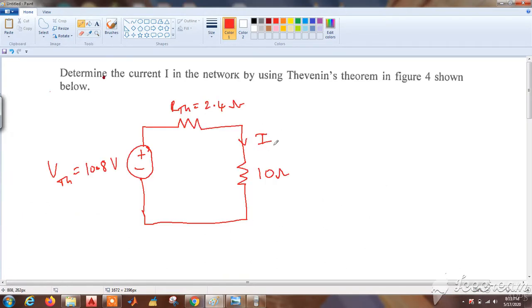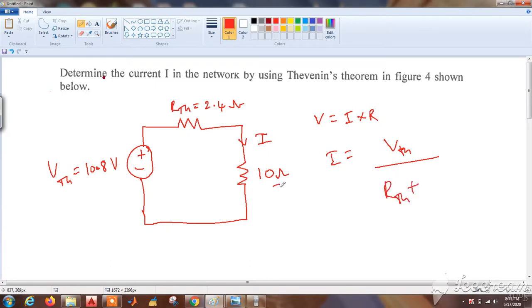So now we have got VTH and RTH and also our load resistor. Now let us calculate the value of current whichever is flowing. We know V is equal to IR by Ohm's law. Therefore I is equal to V by R. Therefore VTH divided by, and what is the resistance? It is RTH and 10 ohms in series. Therefore RTH plus RL.